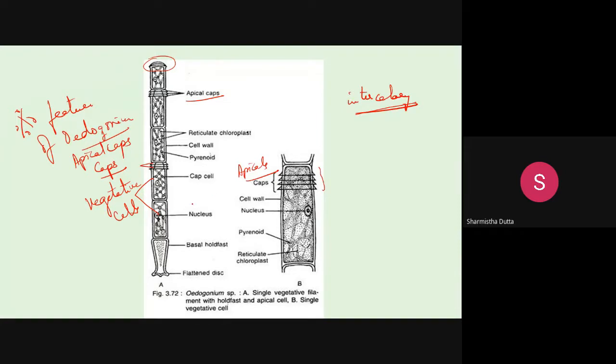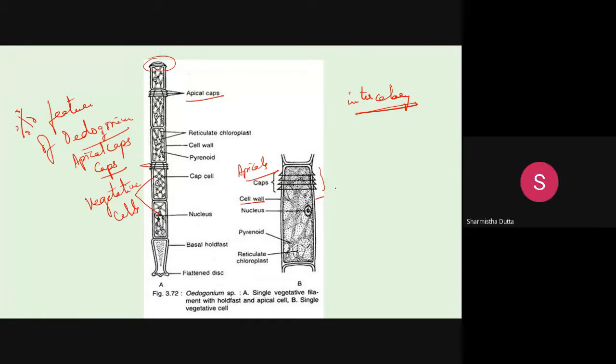Then each vegetative cell is made up of an outer 3-layered cell wall. It is made up of outer, what, girls? Chitin.